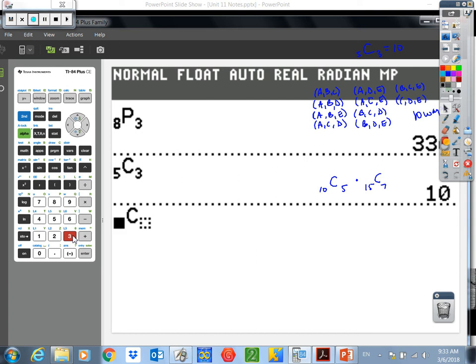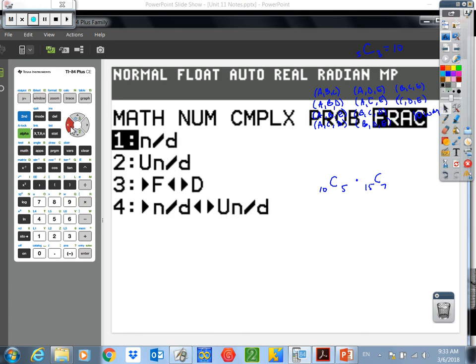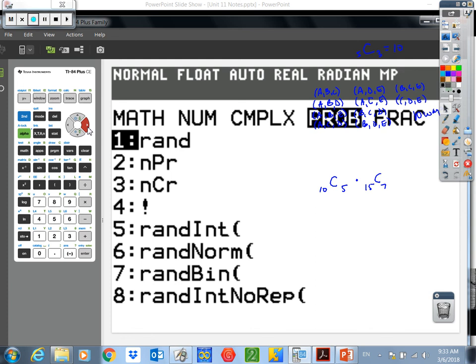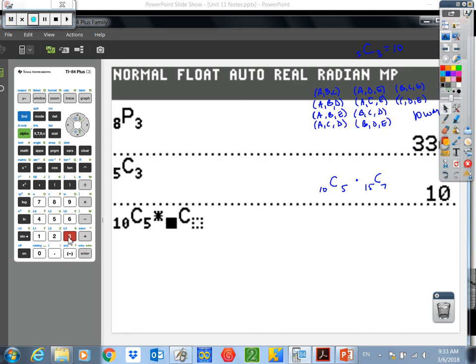So we said that it was 10 taken 5 at a time, and I'm going to multiply that by the other combination, so math, probability, 3, and then we had 15 taken 7 at a time.